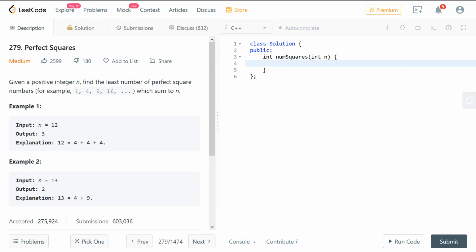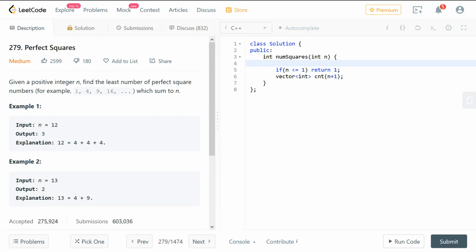First, let's set up our answer array for all n from 0 to n. If n is less than or equal to 1, then we return 1.